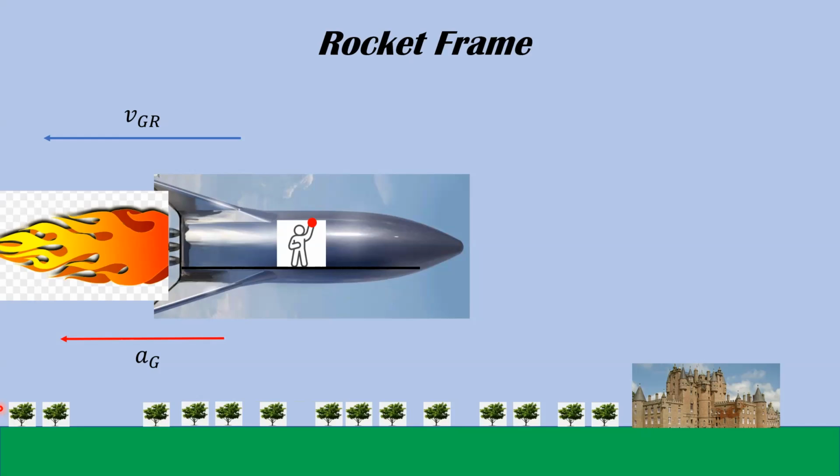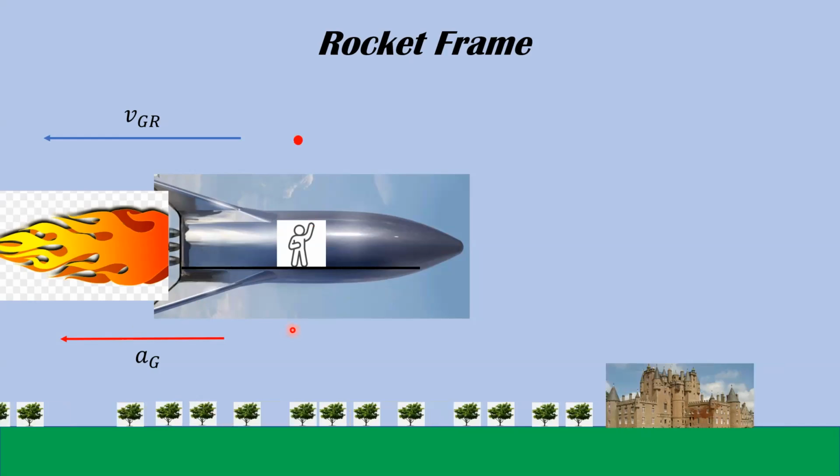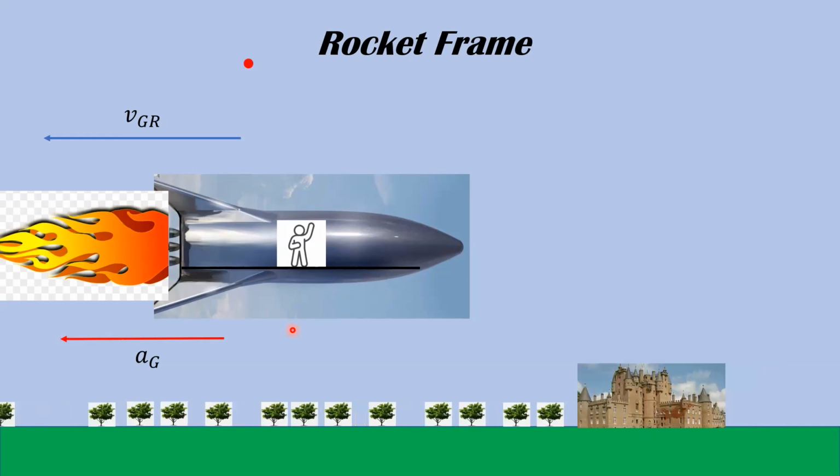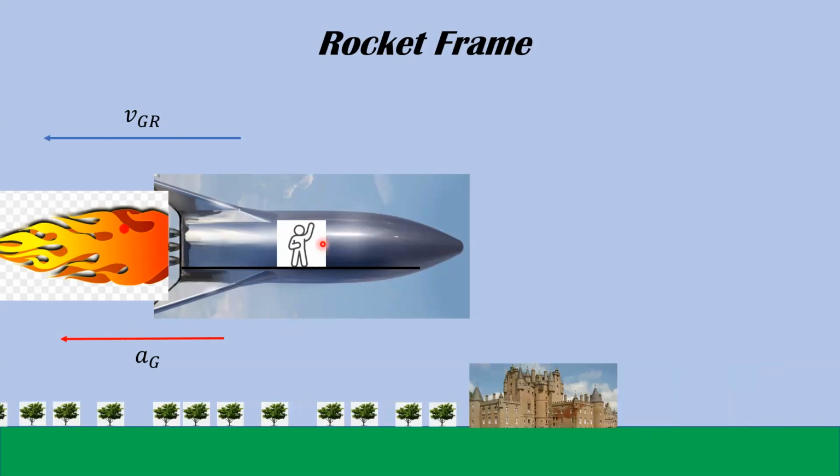So what does the trajectory of the ball look like? Can you guess first before I show you my interpretation? It should look something like this. Not only is the ball rising and falling, it appears to be flying off to the left as seen by the person on the rocket. So suppose that you on this rocket ship didn't actually realize that you were picking up speed. Now that's silly because we feel the acceleration of a vehicle.